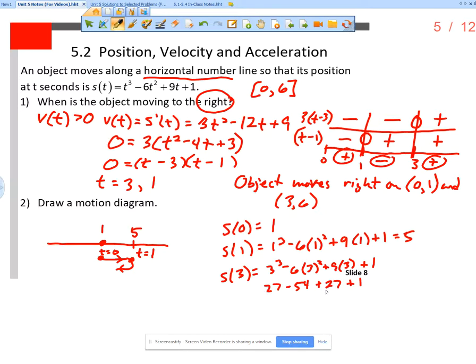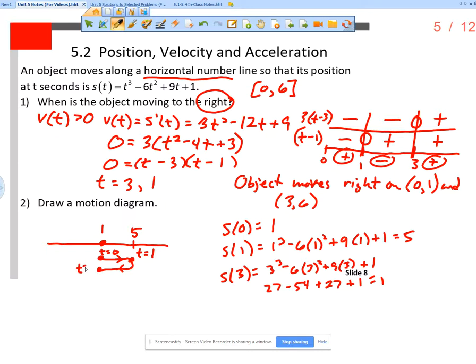So 27 plus 27 is 54, minus 54 is 0, plus 1. So I just got back to my origin, back to 1. It's also possible that I went past it, or didn't get all the way back, but I did get back to 1 according to my work here.